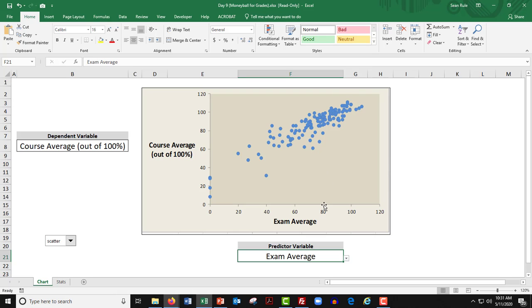Now there are some people, like for example in this 60 through 80, that aren't doing fantastically well in the course. And there are some people that have very close to 100 exam average, but are still only sitting at the 90s. But you see how there's a trend upward? It's trending upward. That's exactly what a positive correlation should look like.